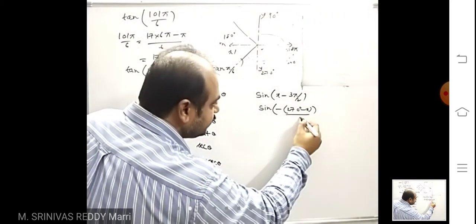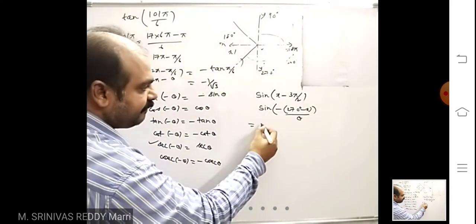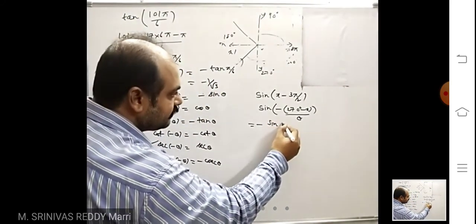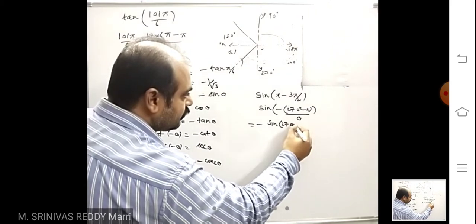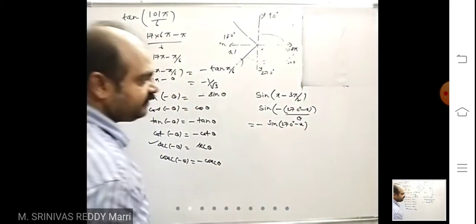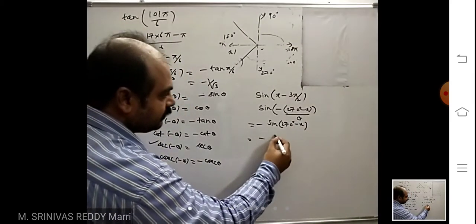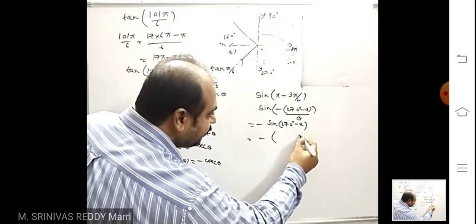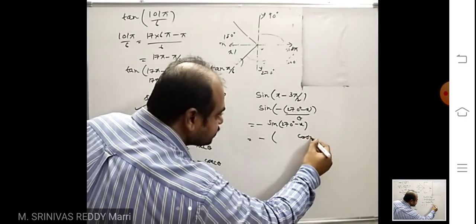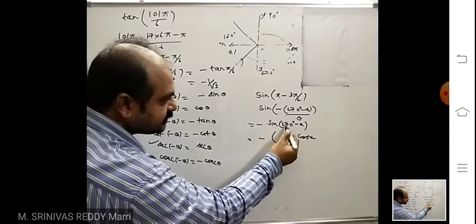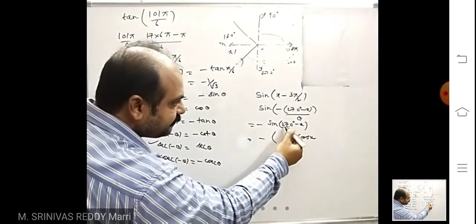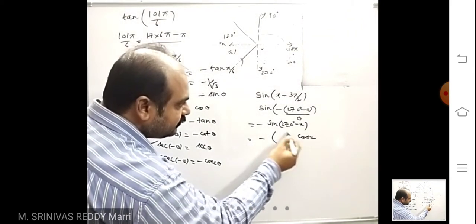Sine of this is theta. That means sine of minus theta is minus sine. Whenever minus is there, you write outside. So sine of 270 minus x. First write cos x, because 3 into 90, odd multiple of pi by 2 means it will convert into cos.